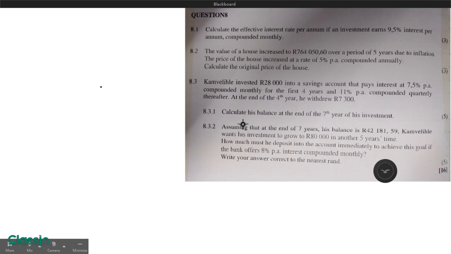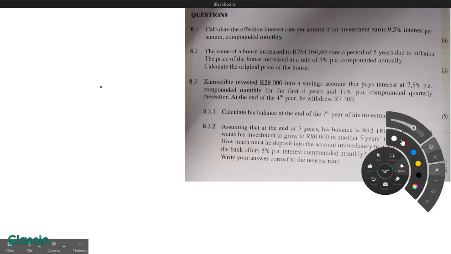Now, we have question number 8.1, where it says calculate the effective interest rate per annum if an investment earns 9.5% interest per annum compounded monthly. So first thing is that we need to highlight the key things here. We need to calculate the effective interest rate.